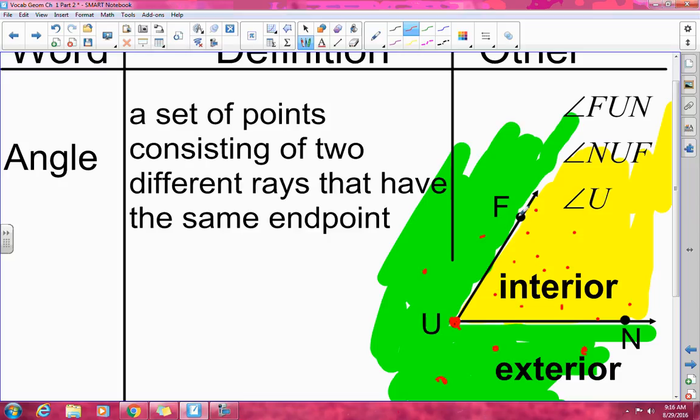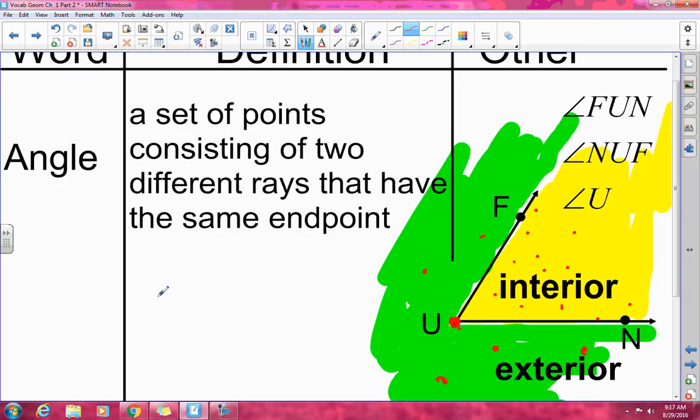So U is where the two rays meet. That's where they share an endpoint. So that's the vertex of the angle, so angle U. And in these ones, when I used three letters, notice where the vertex of my angle is, U. It's in the middle. It's between the F and the N, and on this one it's between the N and the F, okay? So the vertex of your angle has to be the center letter when naming an angle.